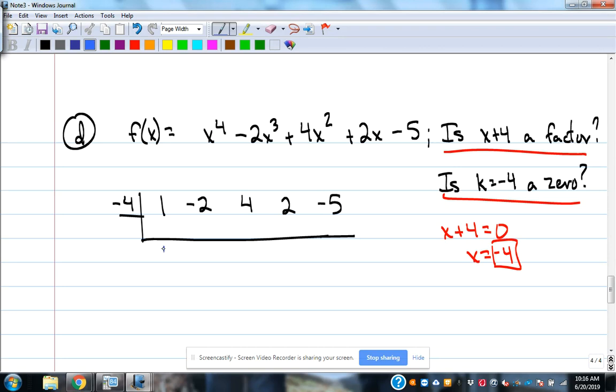Drop the 1 down, multiply. Add to be -6. -2 plus -4 is -6. Multiply. +24. Add. 28. Multiply. Doesn't look very promising here, but go ahead and finish it out and see. -4 times 28.